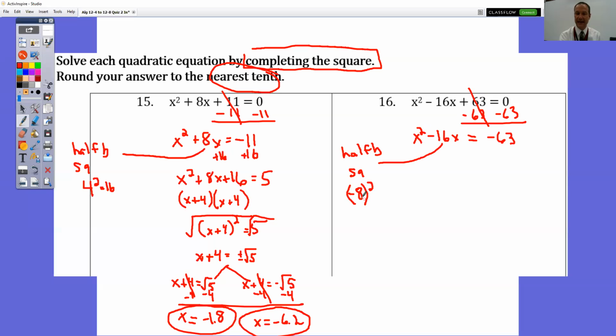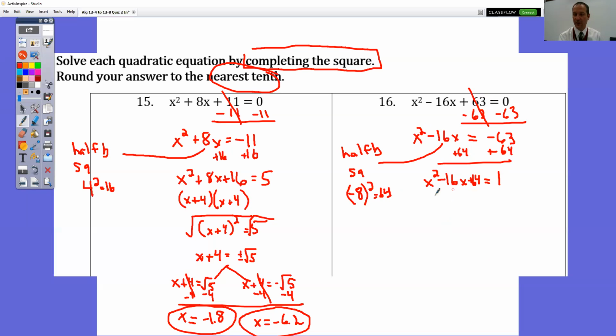Squaring that, negative 8 times negative 8 is positive 64. That's what we want to add to both sides, plus 64 and plus 64. So now I have x squared minus 16x plus 64 equals, this would be positive 1.